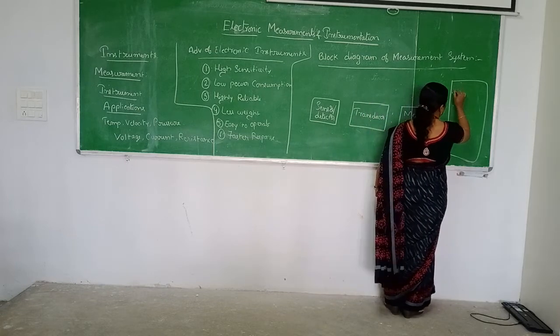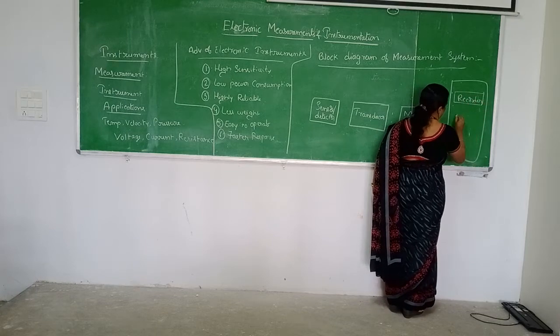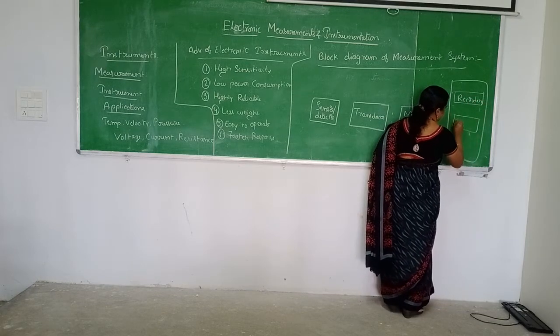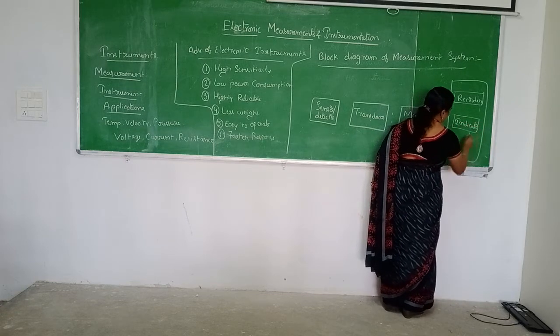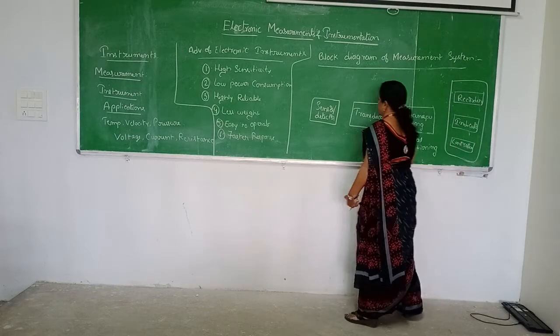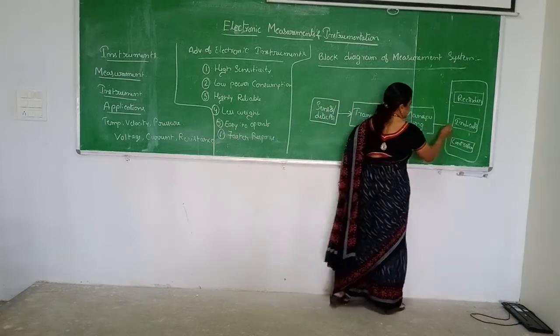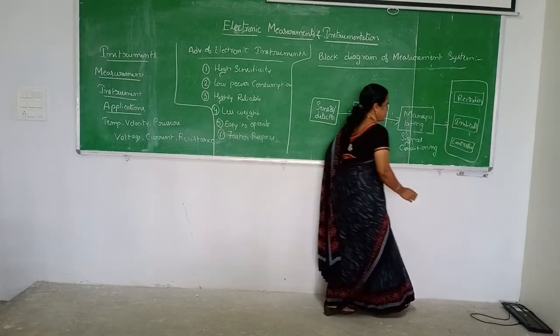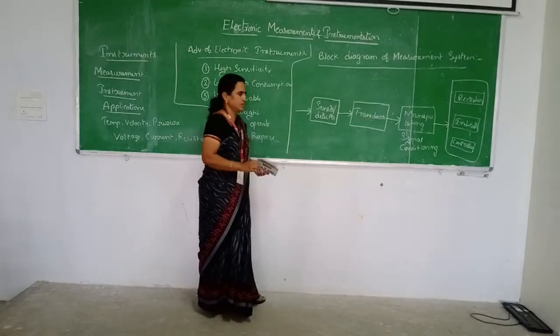And the last block may be a recorder or indicator or controller. So these four blocks represent the block diagram of a general measurement system.